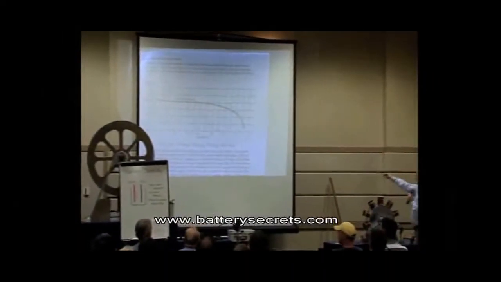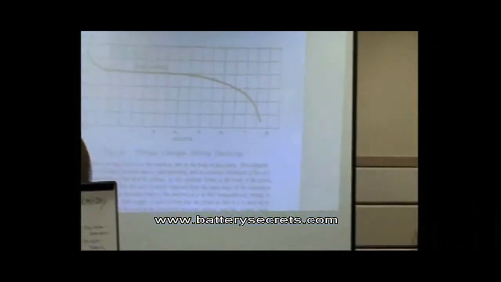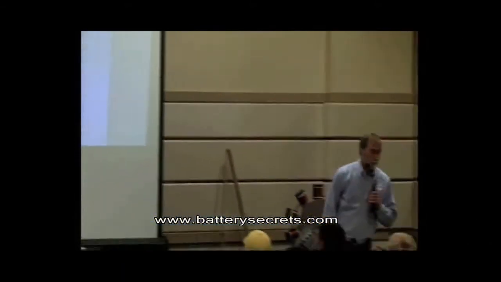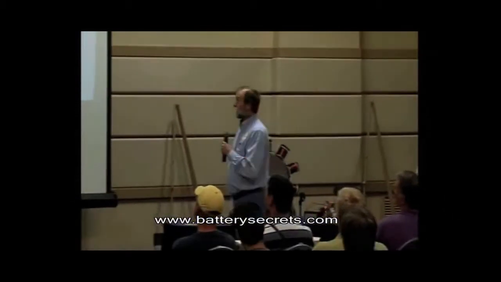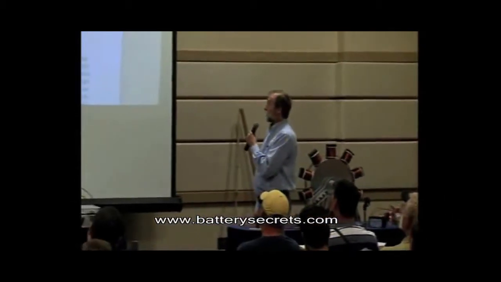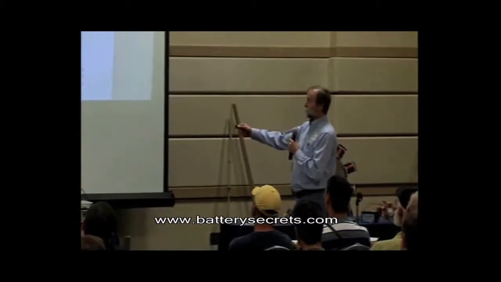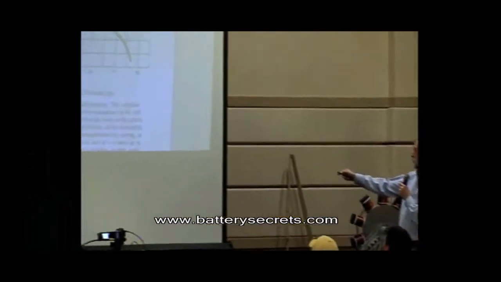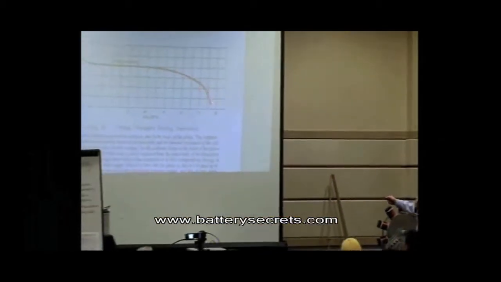So most of us know that when you connect the battery to a load, the voltage will drop, and then it will sustain for a while, and then it will start dropping off. We've not only seen these charts, we've seen this behavior in the battery. And so what I want to do is I want to describe to you the chemistry of what we're seeing here.